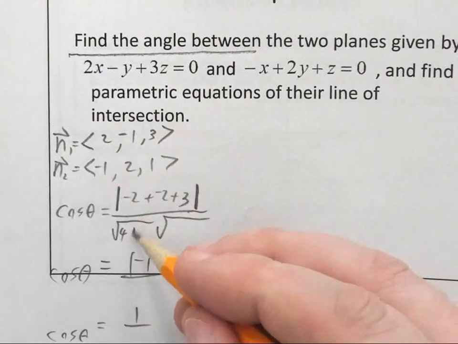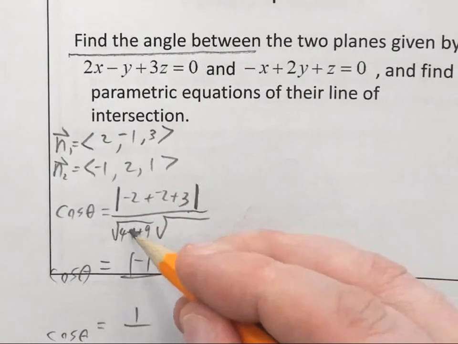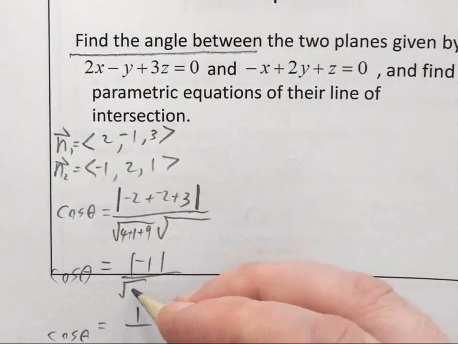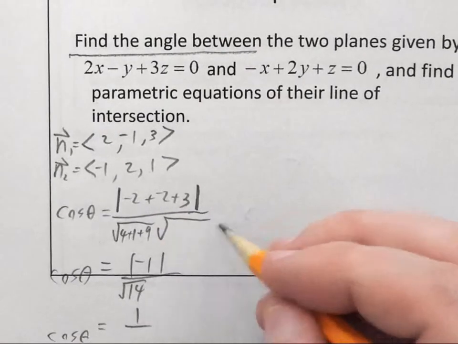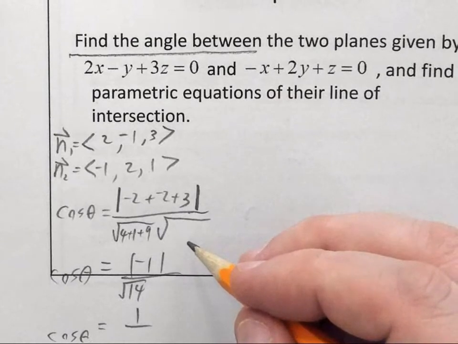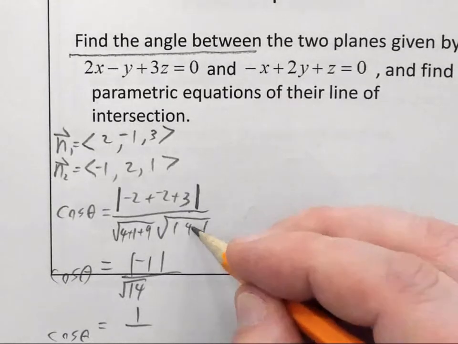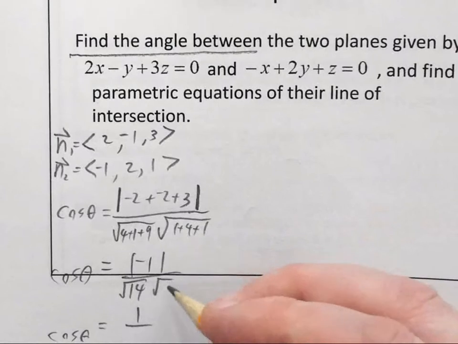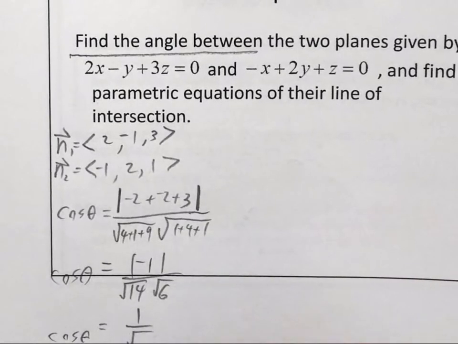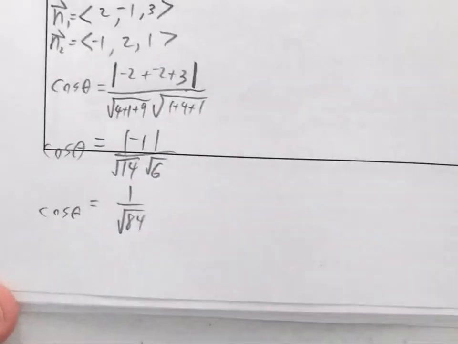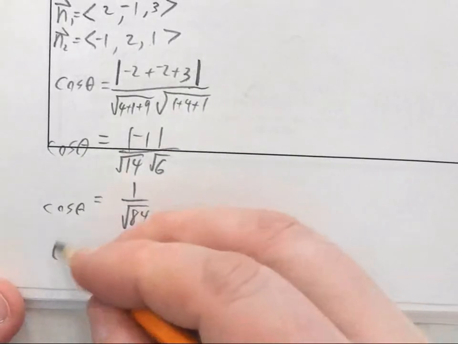What are you going to get for the first one? Yeah, 4 plus 1 plus 9 gives you 14. Underneath here, 1, 4, and 1 gives you 6, and 14 times 6 is 84. So then, just inverse cosine.